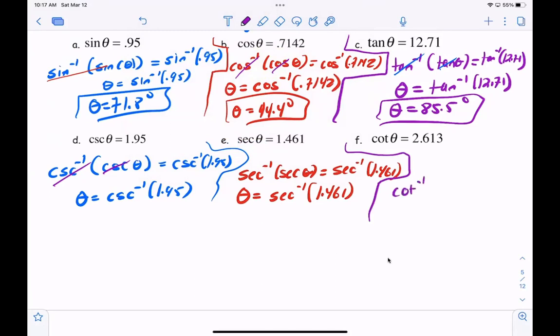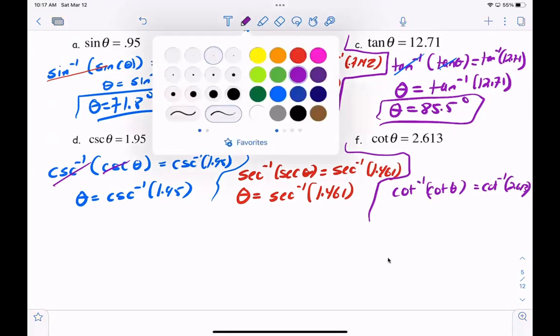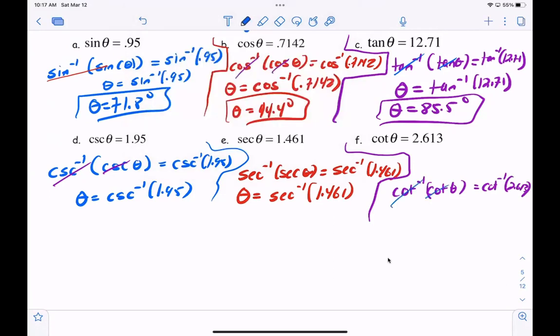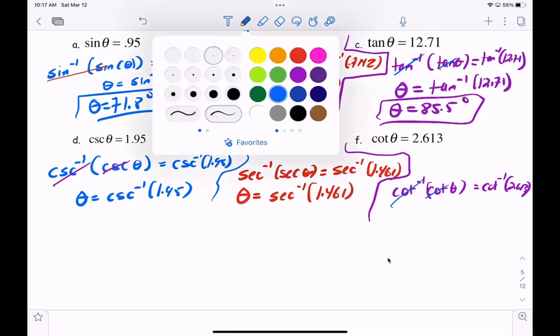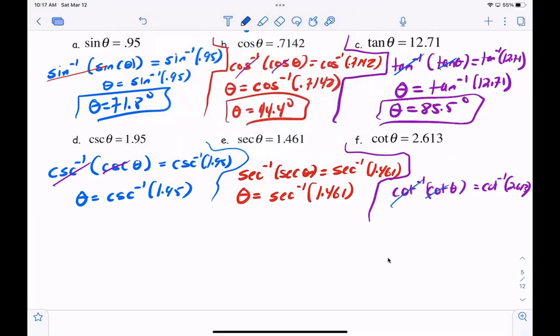So cotangent inverse of cotangent theta is equal to cotangent inverse of 2.613. And now on the left side, cotangent inverse undoes cotangent theta. So that leaves us with theta is equal to cotangent inverse of 2.613.